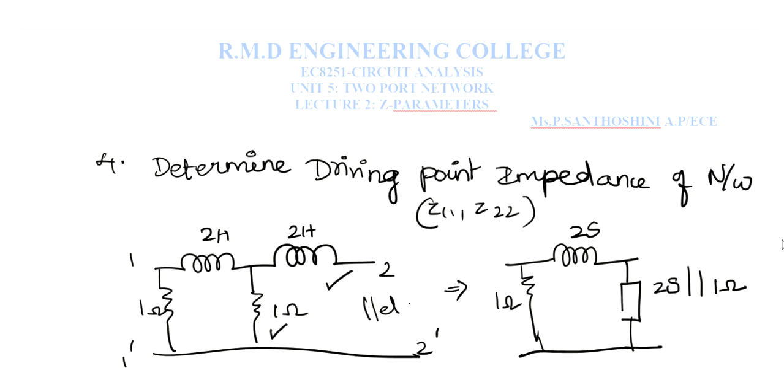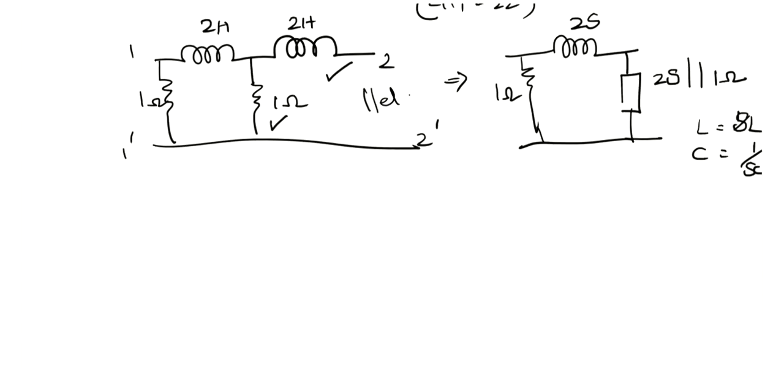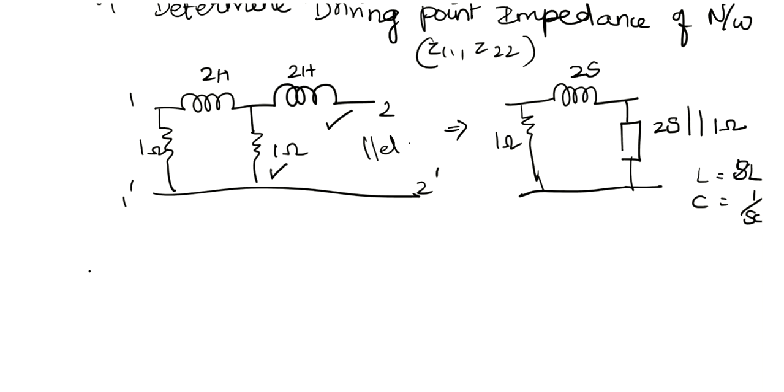And if it is an inductor, we already know Z equal to R plus jXL, we can write this as S into L. If it is a capacitor, we can write 1 by SC. Now again read out the diagram: resistor, and this combination.